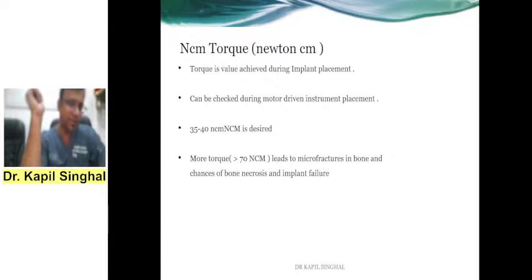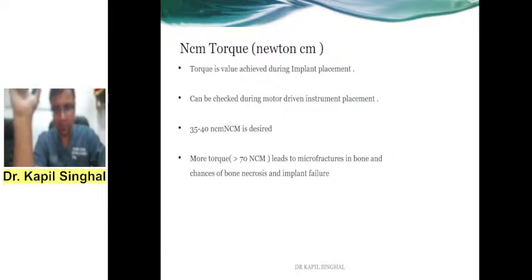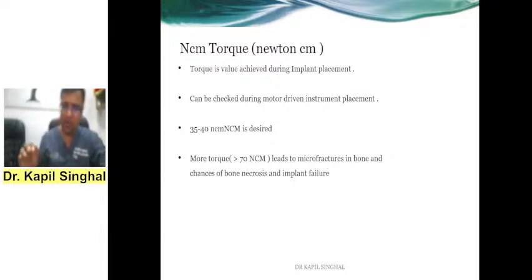Generally, when you place implants, the stability of the implant should range in a value of 35 to 45 Newton centimeter. So please remember the unit of torque is Newton centimeter. More torque when you are placing an implant is not good.